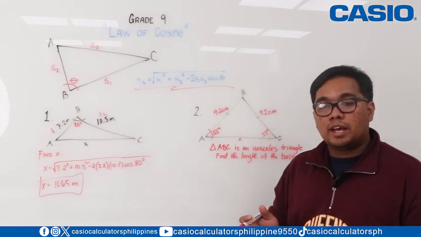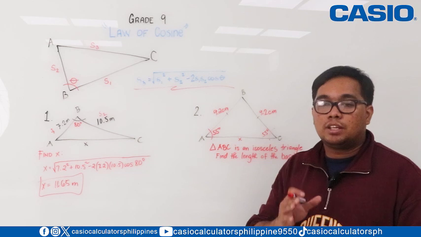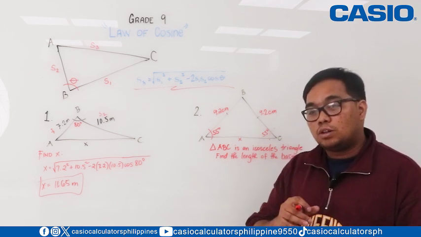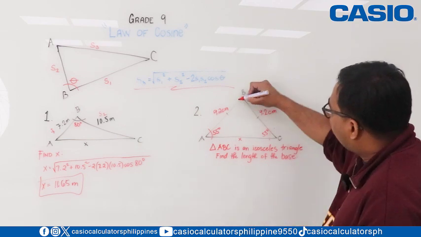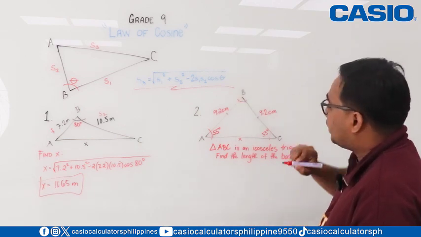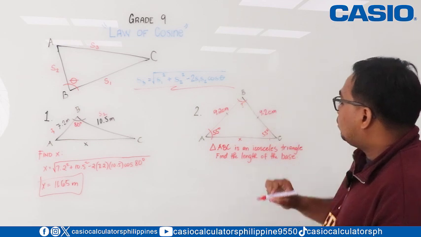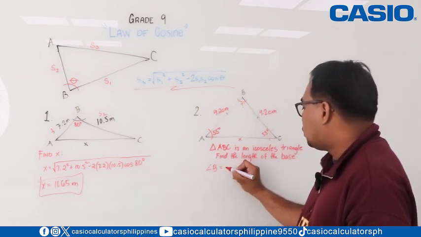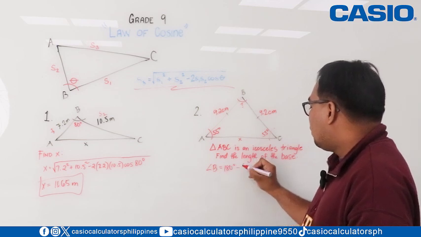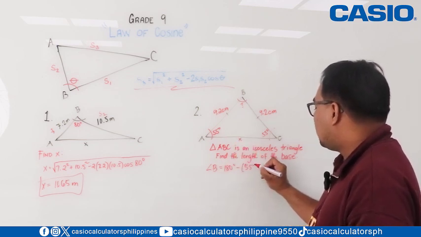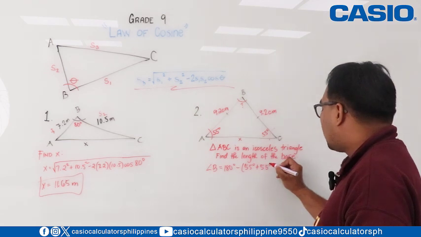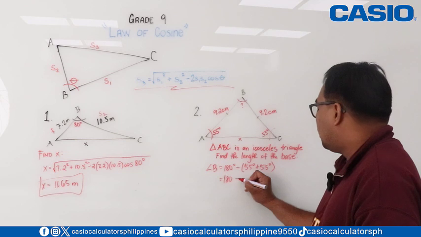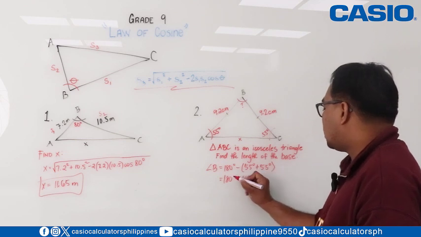Using the idea that the sum of the interior angles of any triangle is equal to 180, we can solve for the value of angle B. Angle B is equal to 180 degrees minus 55 degrees plus 55 degrees, so that will be 180 minus 110 degrees.